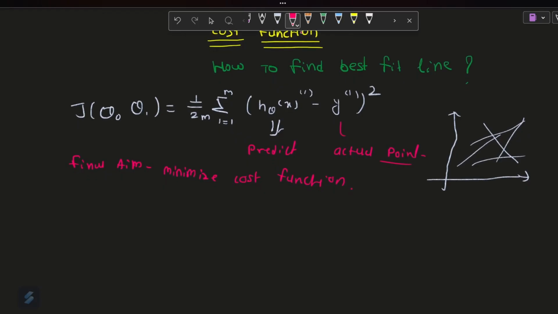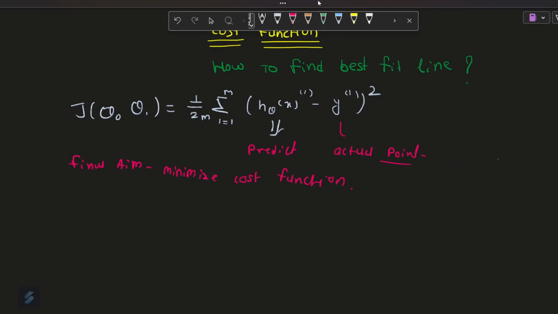So first we understand some concepts, and before that we just erase this. Now we understand our best fit line.